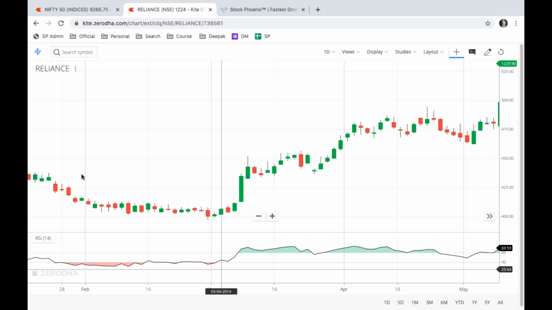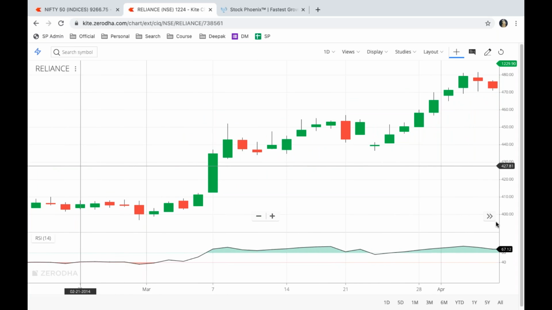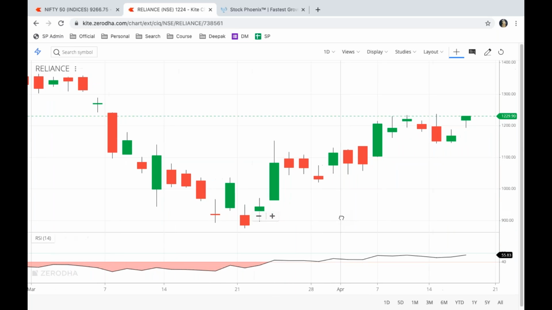Are we clear? So now the key idea is not to make an entry on RSI above 40, RSI above 50, RSI above 60. Now the main flavor in this particular theory is entry from RSI above 40 levels.